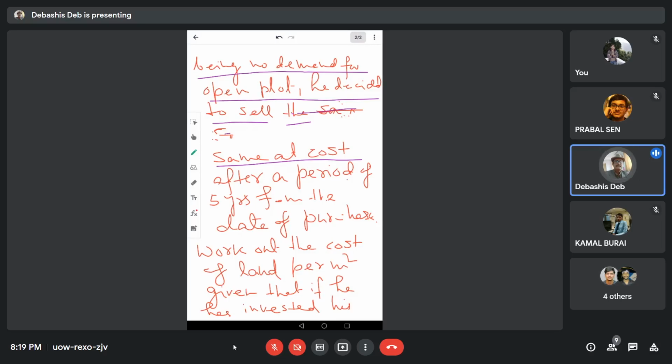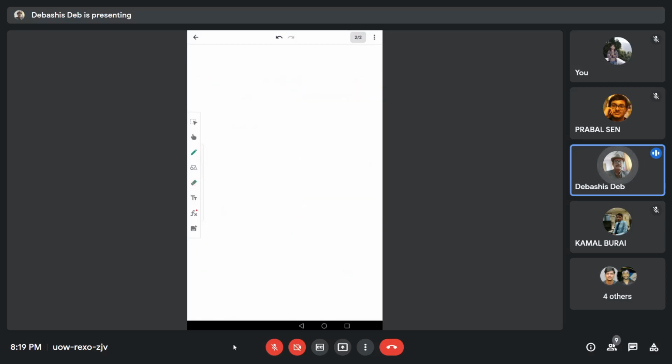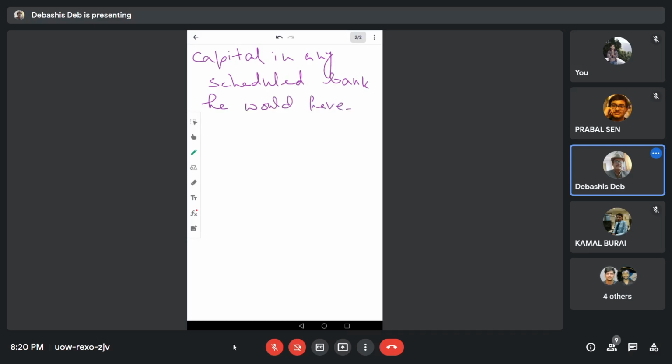So after a period of 5 years from the date of purchase, work out the cost of land per square meter, given that if he has invested his capital in any scheduled bank, he would have obtained the following rate of interest.